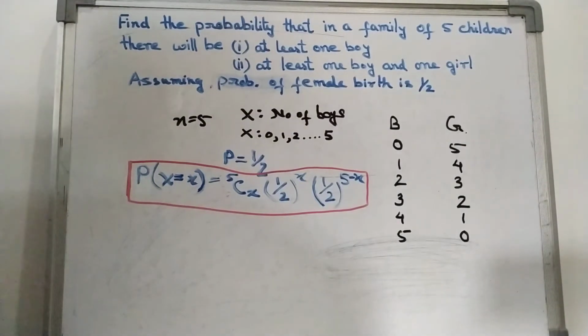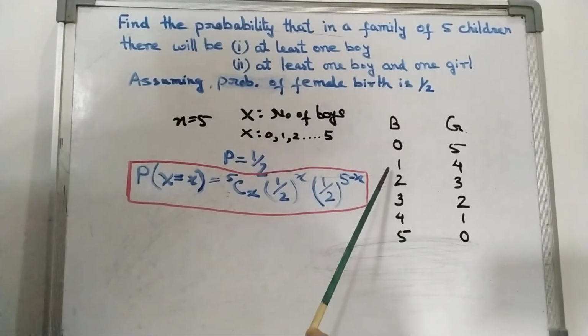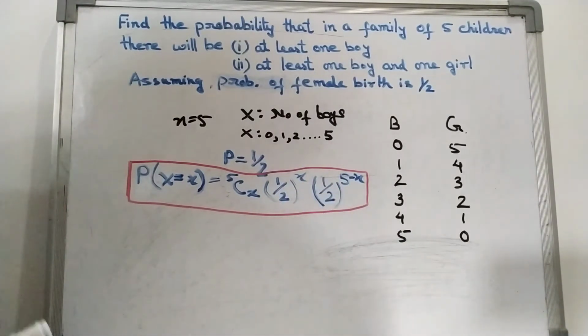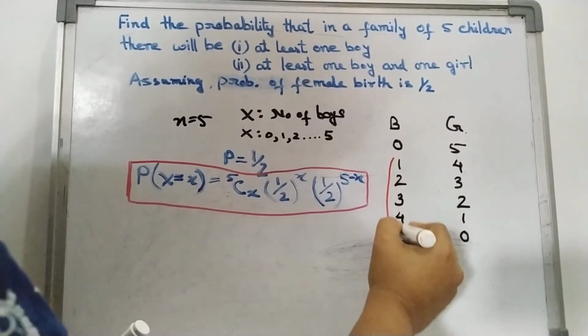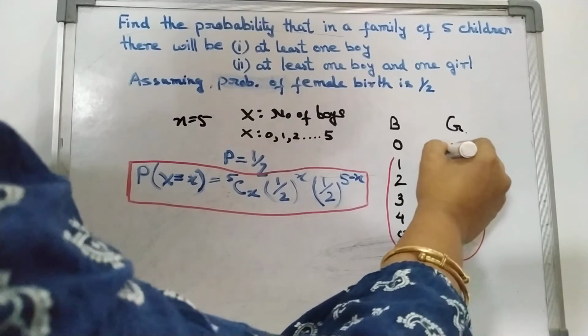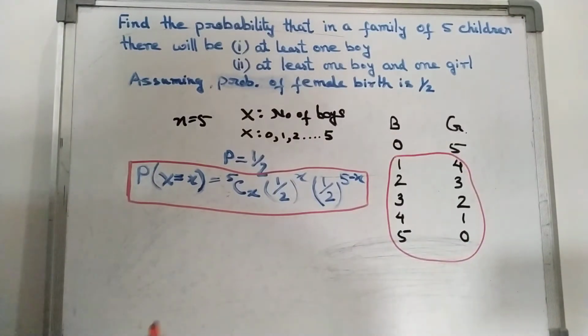So here, at least one boy, not 0 boys. So we need to consider all these combinations here.